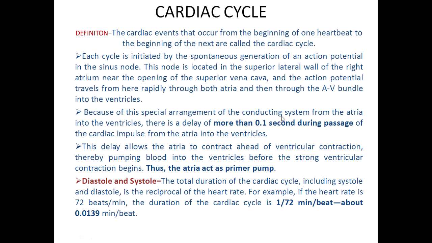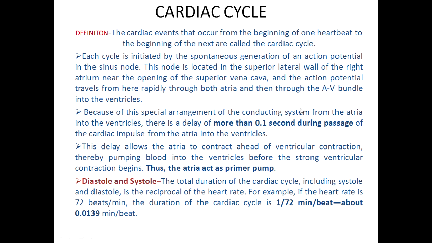So for this to occur, we need a delay in the action potential passing from atria to ventricle. For the potential to travel from the SA node to the AV node and to the ventricles, there is some length.